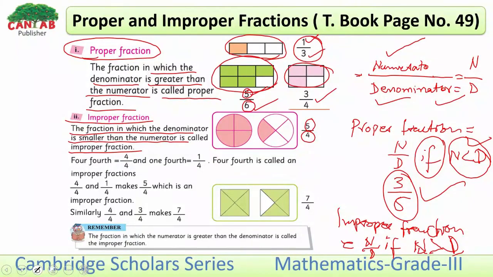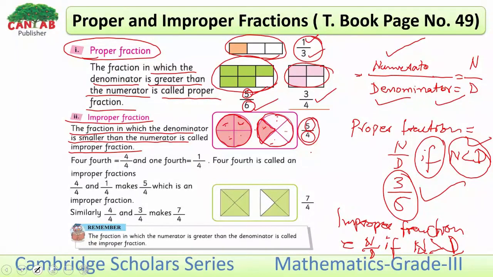So look at this example. This is a whole and this is 1 over 4. How many total parts? 1, 2, 3, 4. So, 4 parts, this is whole and this one part. 4 plus 1, 5, and then total parts 4.